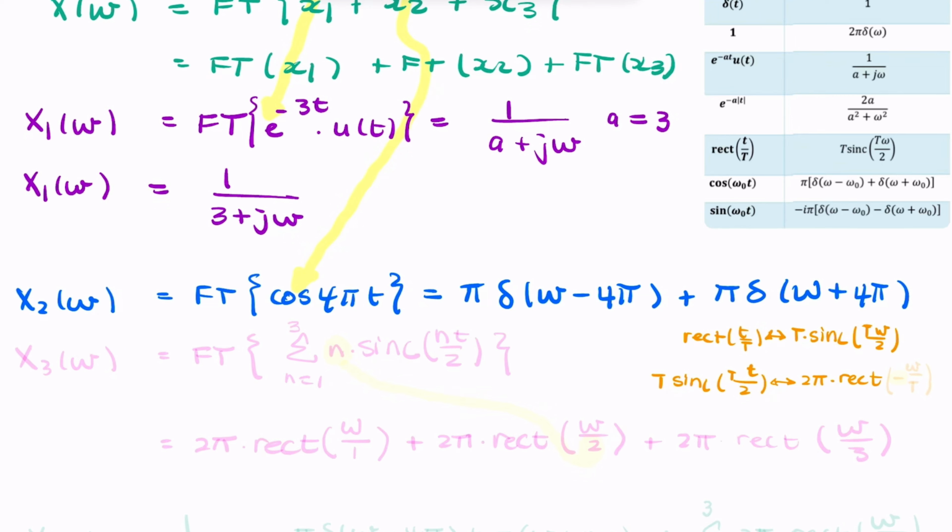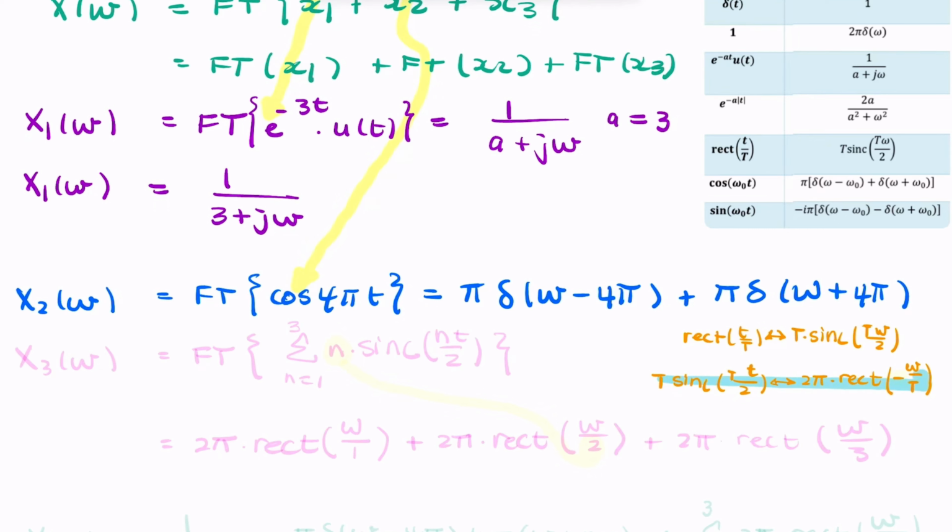So t and omega are interchanged. So let me write that as rectangular function of negative omega over t instead of t over t. So this is now our general form. Whenever we have a sinc function, this is what the Fourier transform will look like.